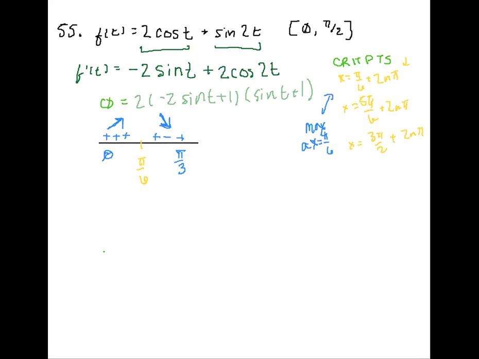But how do I tell where the absolute max is? I'm going to need to compare my maximum, like the actual y value of my maximum, to the actual y values at my endpoints, essentially. How do I do that? How do I compare those y values?